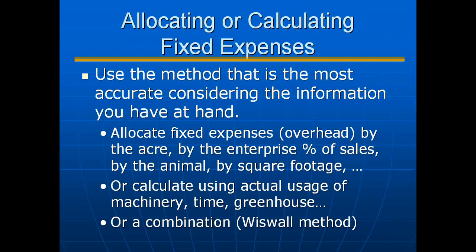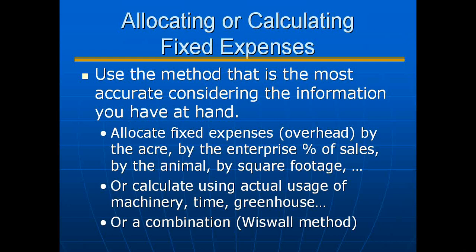Make sure if you are calculating whether or not this is going to make money, that by some way you are allocating all your fixed costs. So if you can do it directly when you know that 20% of your feed is going to your chicken operation and 80% is going to the other animals, you can know that exactly. You can allocate it when you put in your invoice.